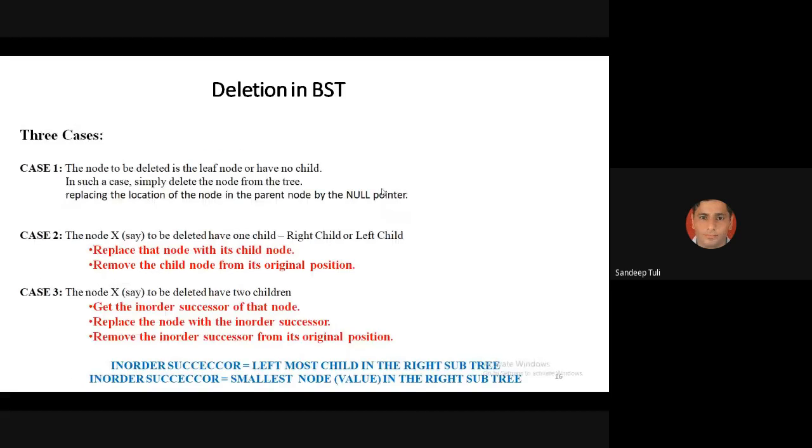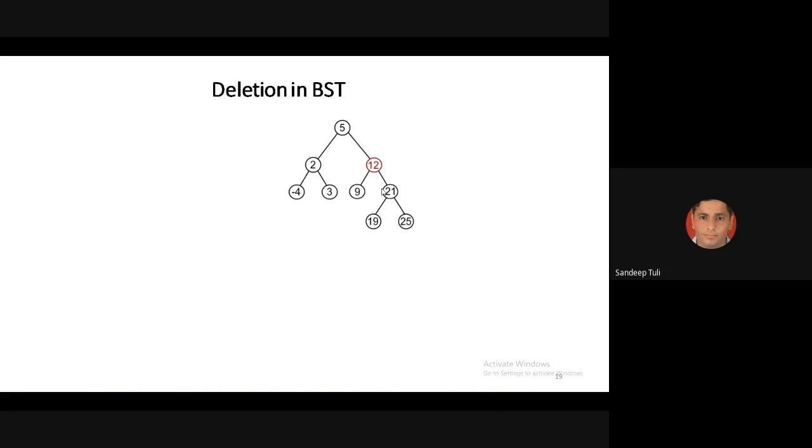In order successor will be the leftmost child in the right subtree. What is the right subtree of this 12? 19, 21 and 25. Which is the leftmost node? 19. Which is the smallest node? 19.